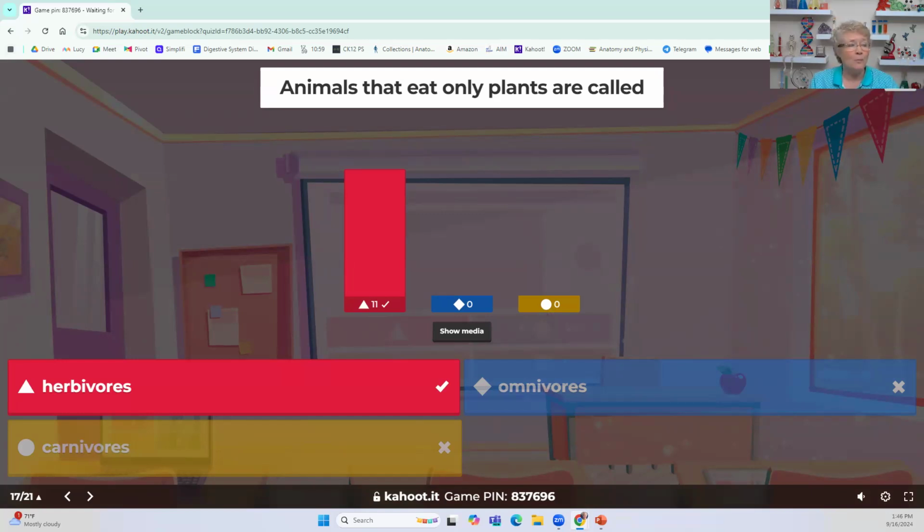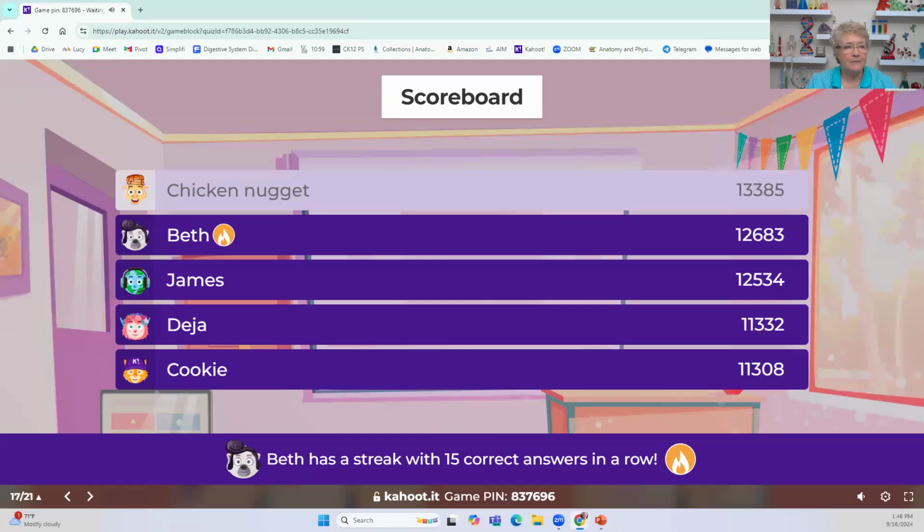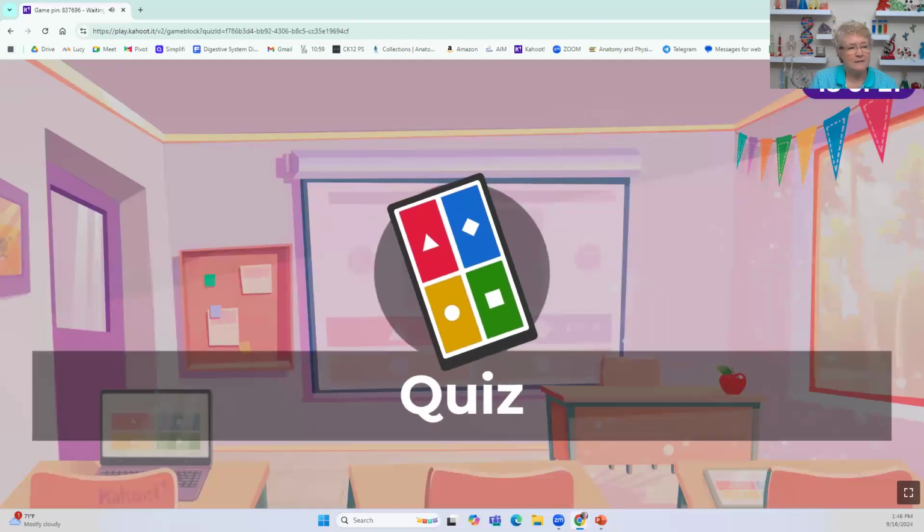It's just that herbivores have a specific digestive system designed to eat plants and get the nutrients out of plants. They have a very, very long intestinal tract to allow them to extract those things from the plants they eat. All right, no changes there.